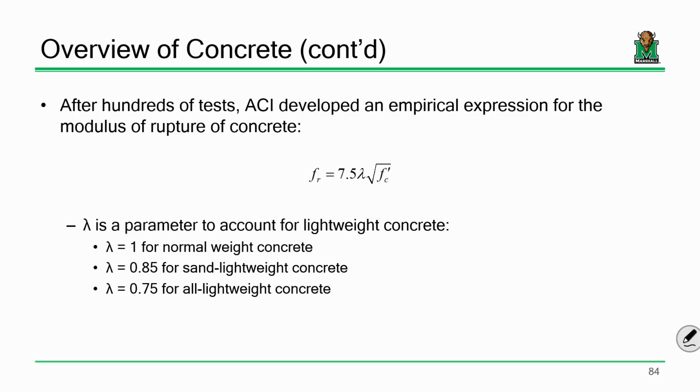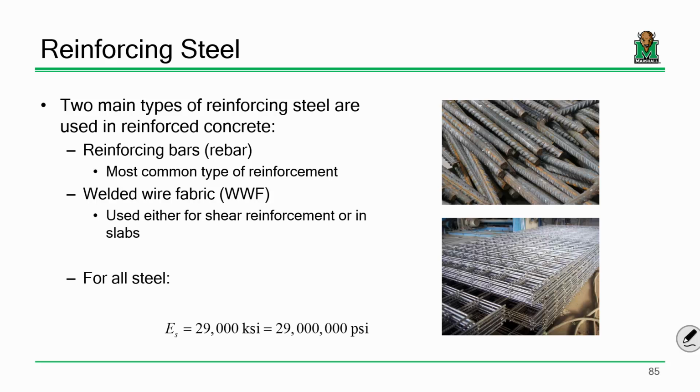And lambda is just a lookup value. It's a function of what type of concrete you're looking at. Like if you've got typical normal weight concrete, we just say lambda is 1. But if you've got lightweight concrete or sand lightweight concrete, that modulus of rupture is going to be adjusted accordingly. Okay? Does that make sense? Okay. Everybody all right with that?